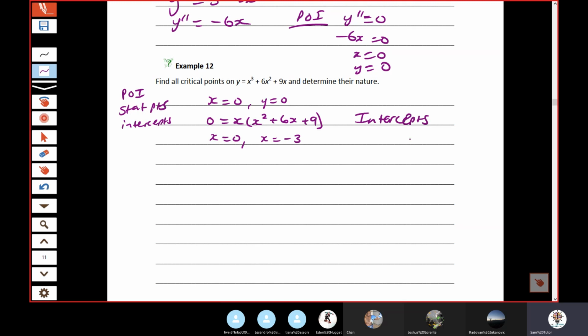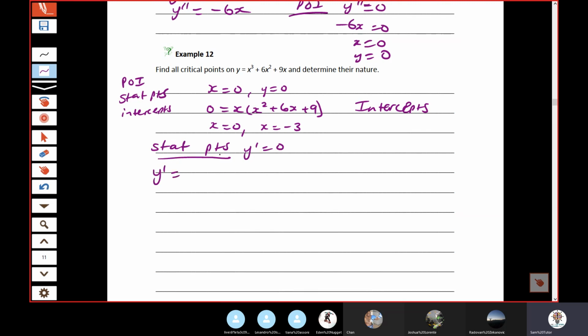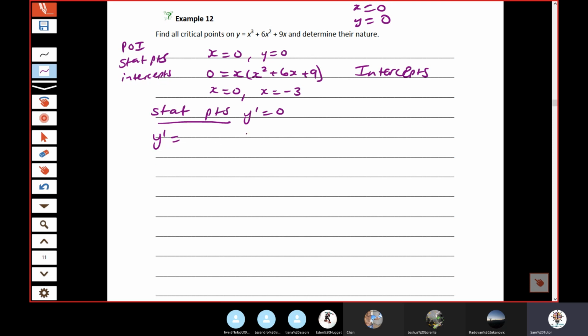Intercepts. All right. Now we're going to do stationary points. y dash equals 0. y dash equals 3x squared plus 12x plus 9 equals 0.